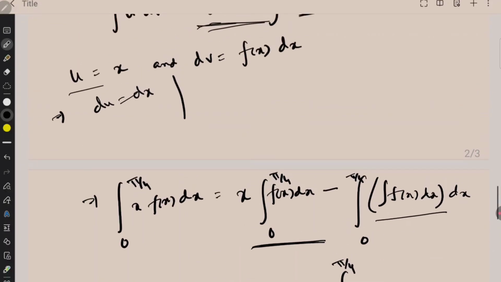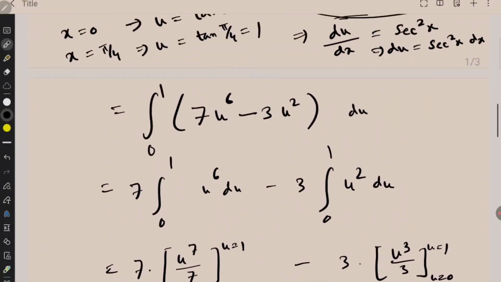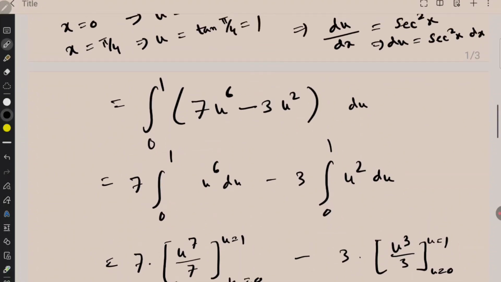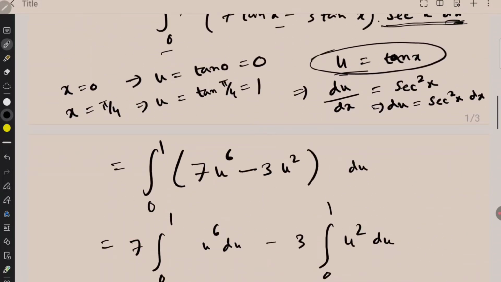integral f(x) dx is not exactly I1, but this is simply this expression. Let me show you. Without the limit of 0, 1, you will get u to the power 7 by 7, right?